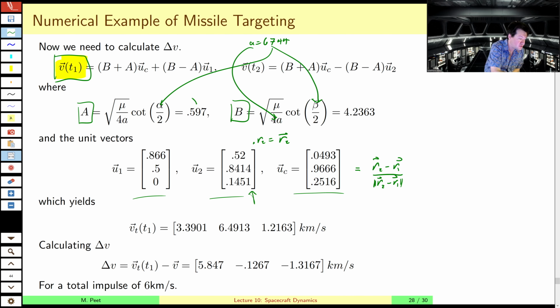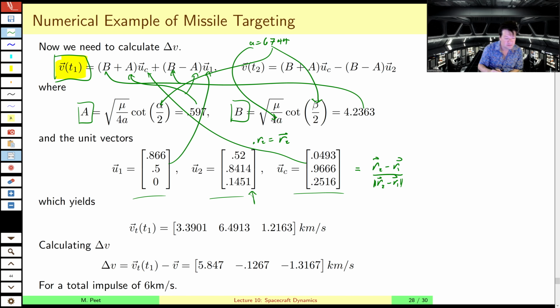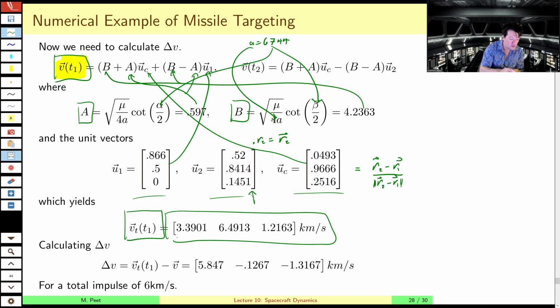So that goes there, that goes there and there, lots of arcs here. And then our value of U1 goes here, and our value of UC goes here. And so we plug those numbers in, and we get a V at T1 on the transfer, not the target, of 3.4, etc., kilometers per second.